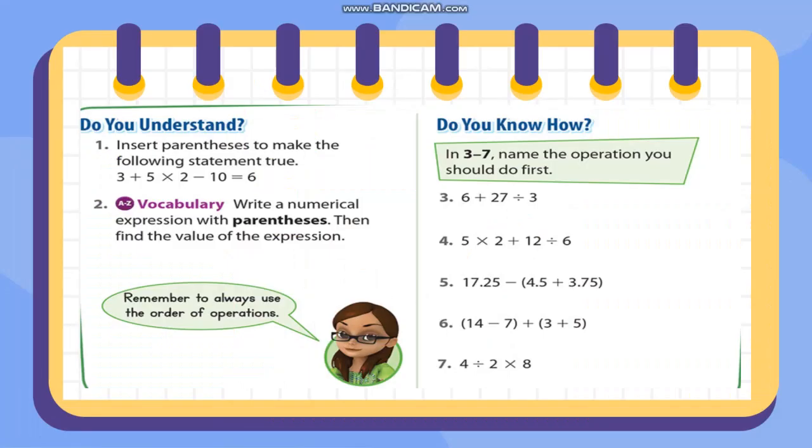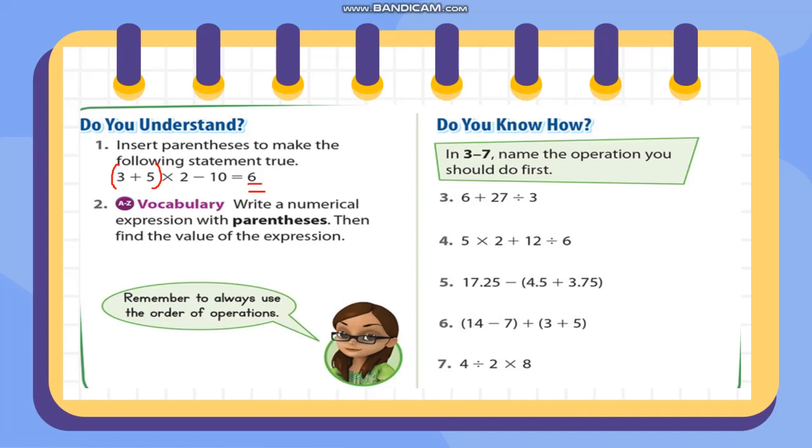Let's continue. Insert parentheses to make the following statement true. So 3 plus 5 multiplied by 2 minus 10 equals 6. So how to make this statement true? It means if you're going to put the parentheses anywhere in the given expression, the answer must be 6. So if I'm going to put parentheses here, let us see and let's find out if the answer is 6.